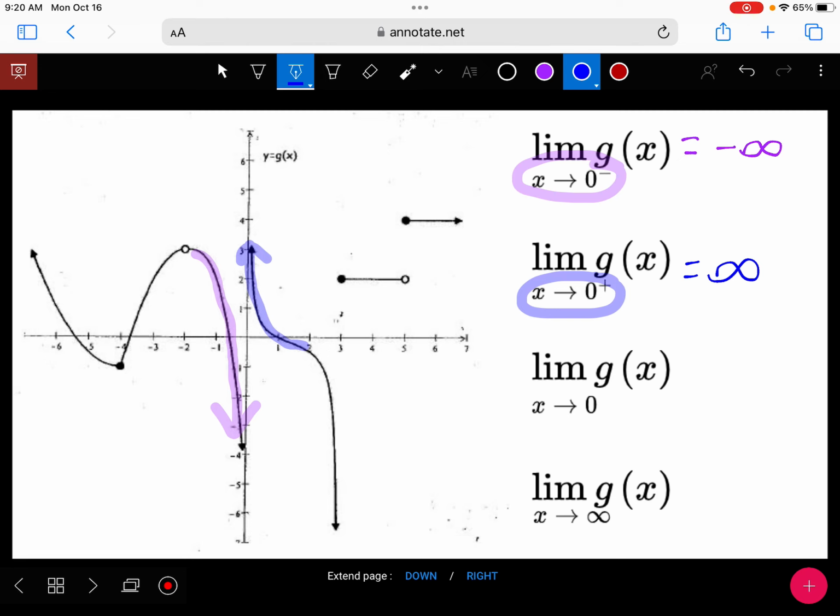It does not exist, because it's pointing in 2 different directions. It does not exist. They are not approaching the same value.